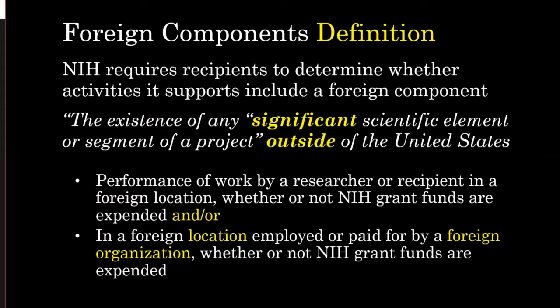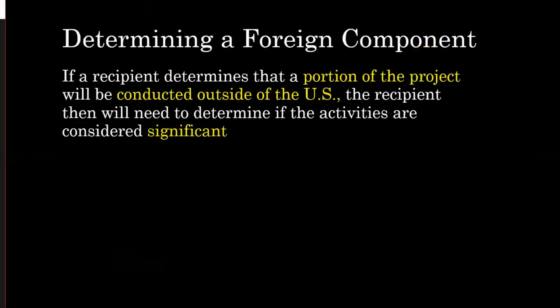So that is where they're located and if they are being paid by a foreign location. Sometimes we have paid direct postdocs or visiting scholars, and you're collaborating with them. If you do, you need to disclose those in your proposals, as well as if you publish, on your other support and Biosketch.